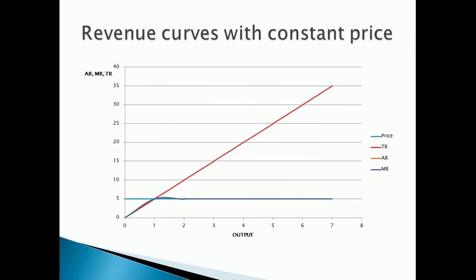We said it's also the point when the additional revenue of producing one more unit is equal to the additional cost of producing one more unit, and the additional cost is increasing. In other words, profit is maximized when MR is equal to MC, and MC is increasing. So this is important. We are also going to show the implication of this using a graph.